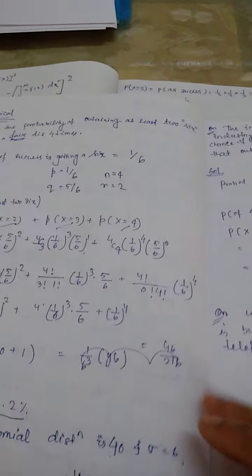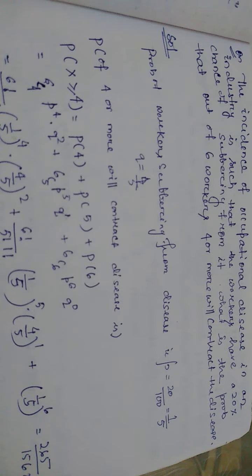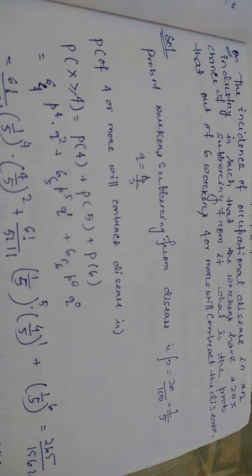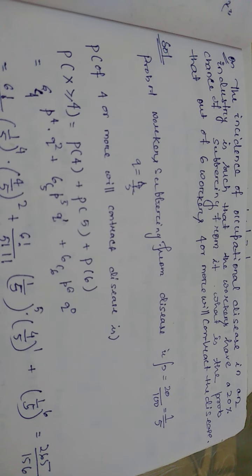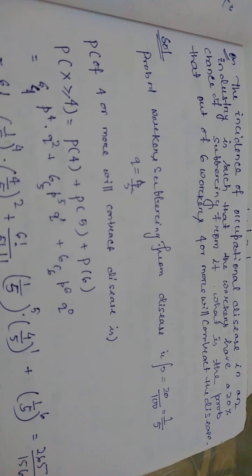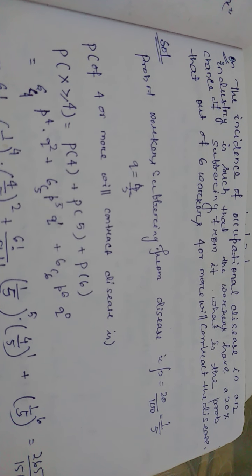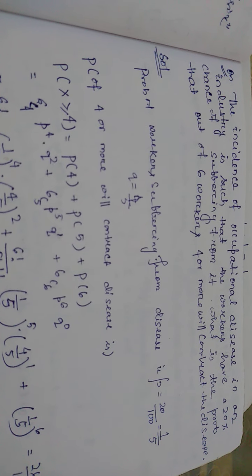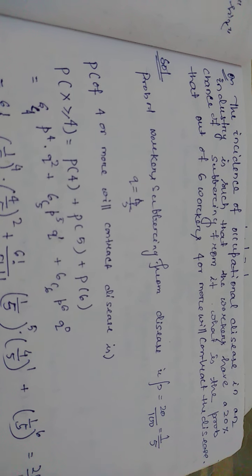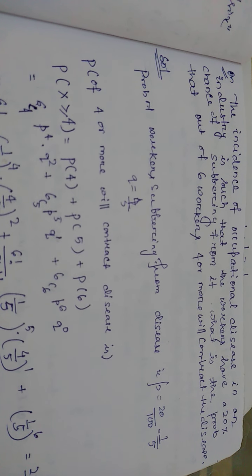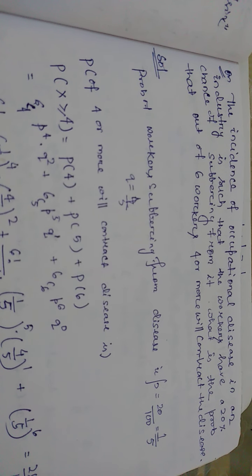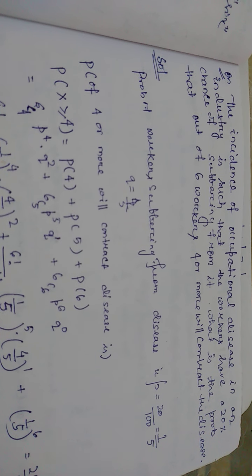Okay, now let us consider one more numerical. The incidence of occupational disease in an industry is such that the workers have a 20% chance of suffering from it. Then what is the probability that out of 6 workers, 4 will contract the disease? What is given here?